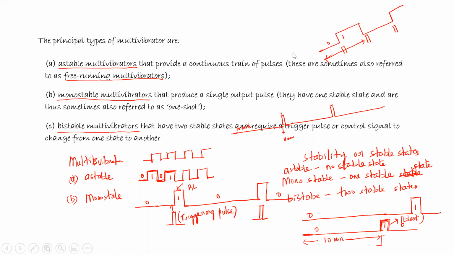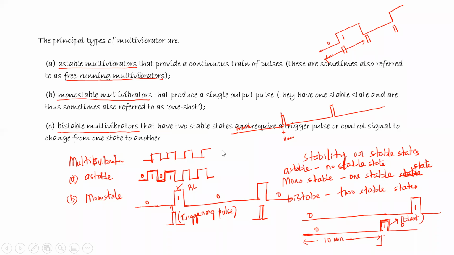So what is the difference between monostable and bistable? When were you applying the triggering pulse in monostable, and when in bistable? To make it unstable in monostable, we have to apply the triggering pulse. Let me explain like this.